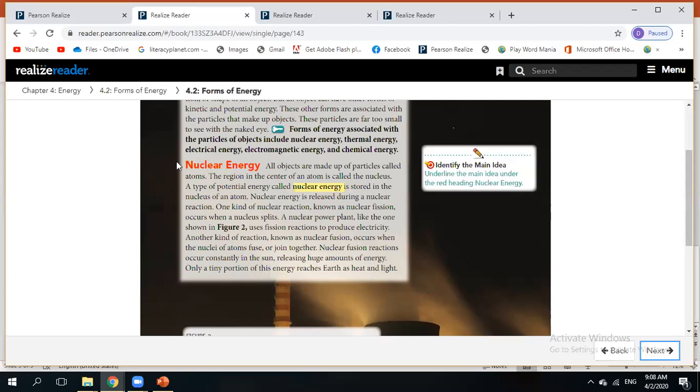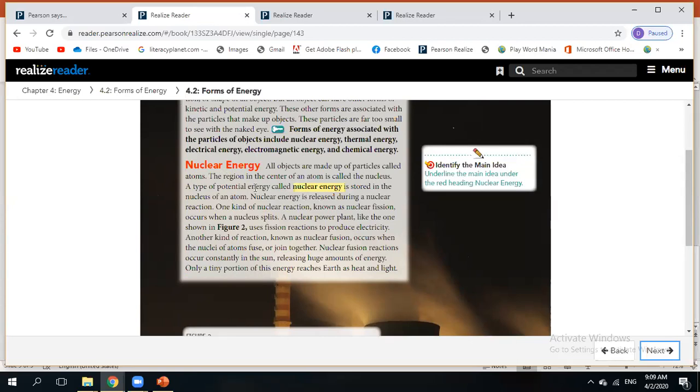Nuclear energy is the potential energy stored in the nucleus of the atom.